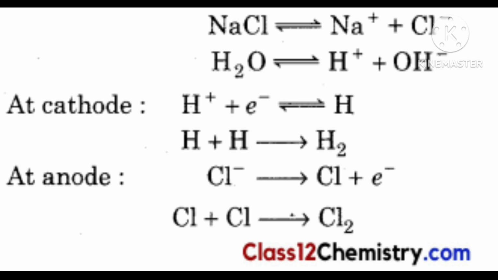HCl is more, HBr is further more, and HI is highest, 160.9. That's why HI is the strongest acid among the halides, and HF is the weakest.